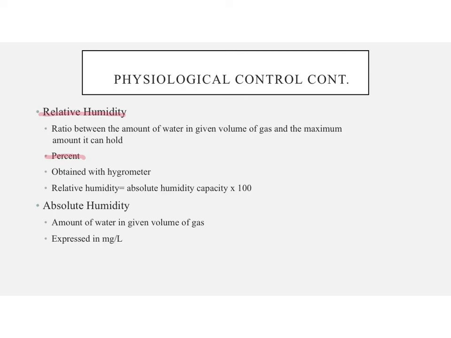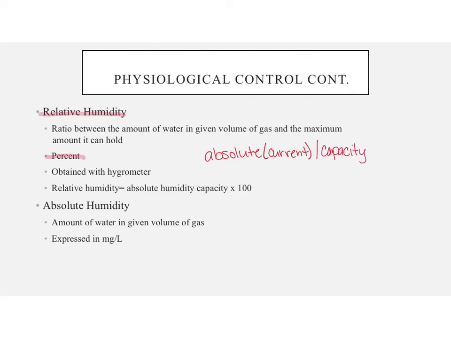So you do absolute humidity, or current, because that is the water vapor that's in the gas this time. So absolute or current, and then you're going to divide it by the capacity.